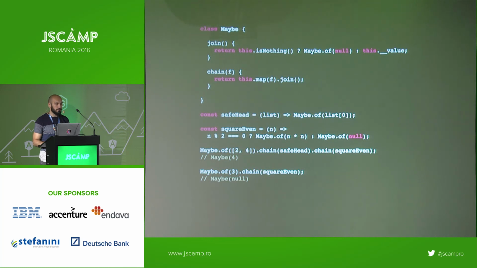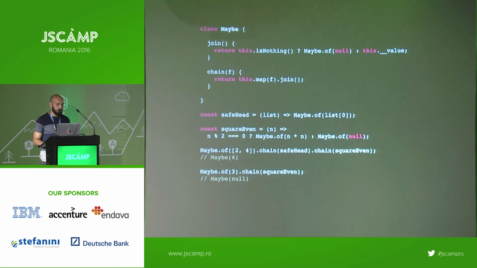What does join do? Join is just a helper. Join will simply flatten 2 functors together. So if we have maybe of maybe of 4, join will simply return maybe of 4, right?